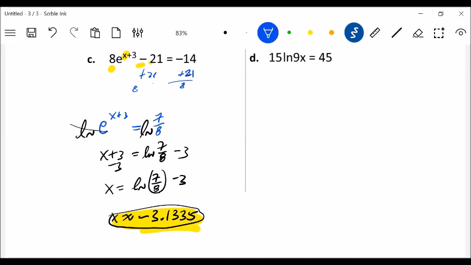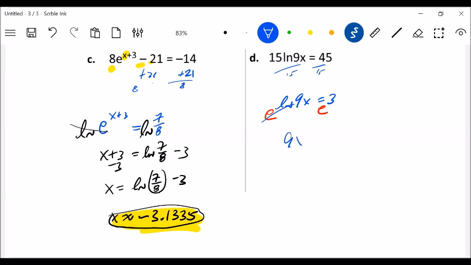Next one now. I'm going to clean that up by dividing by the 15. 45 divided by 15 is a nice easy 3. So what we're going to do here is raise both sides to the power of e.